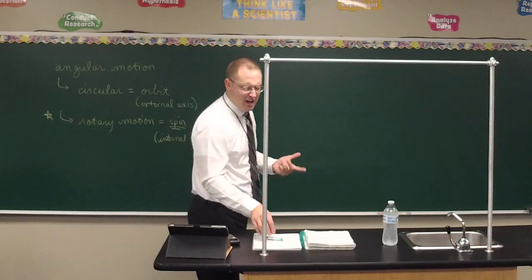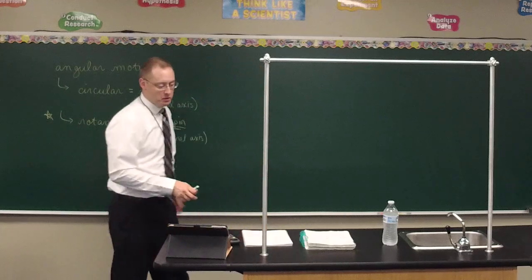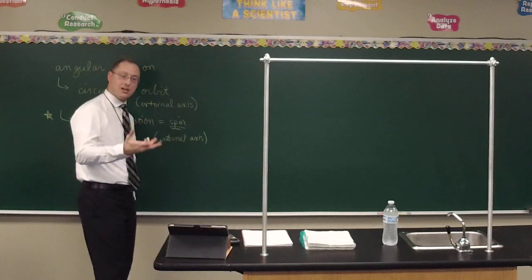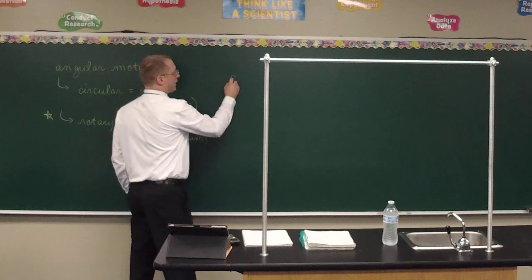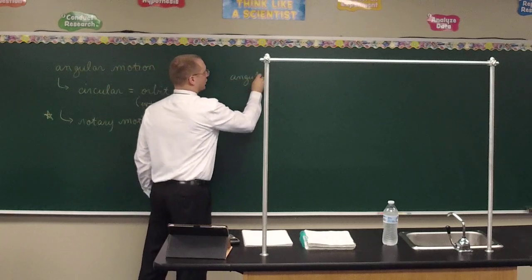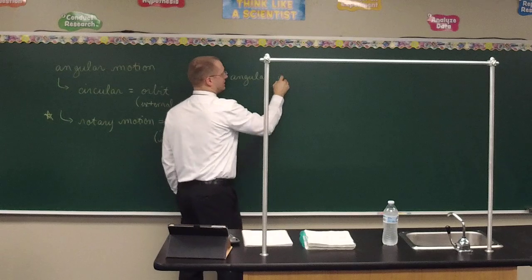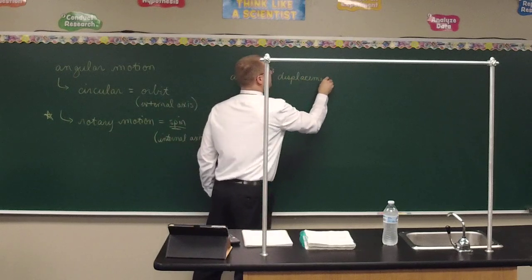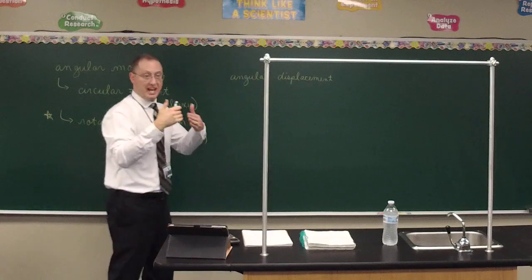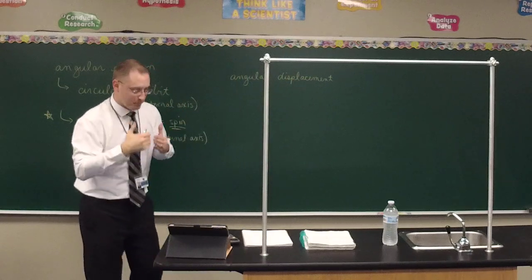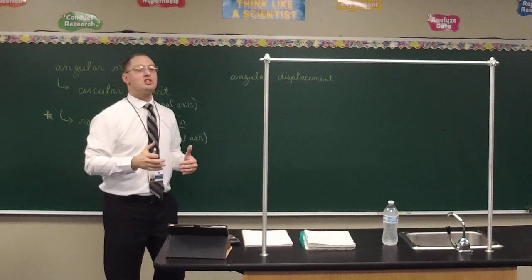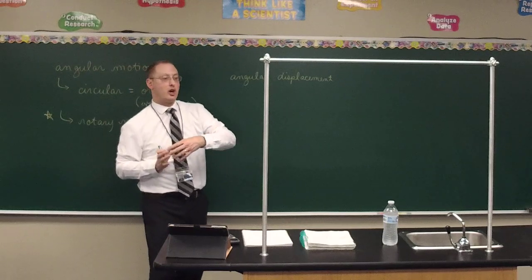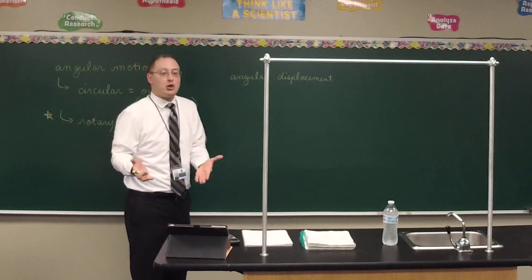We can make analogous ideas to that if we were to go into the angular realm. So we have different quantities that are angular in nature for rotary motion. For instance, angular displacement doesn't mean that the object has moved any distance from point A to point B, but it does mean that an object has spun a particular angle. The bigger the angle, the greater displacement.